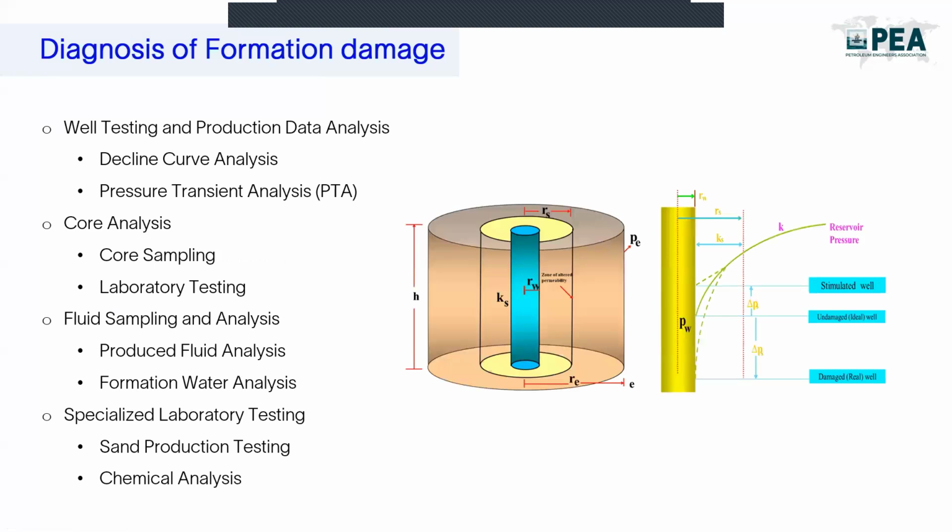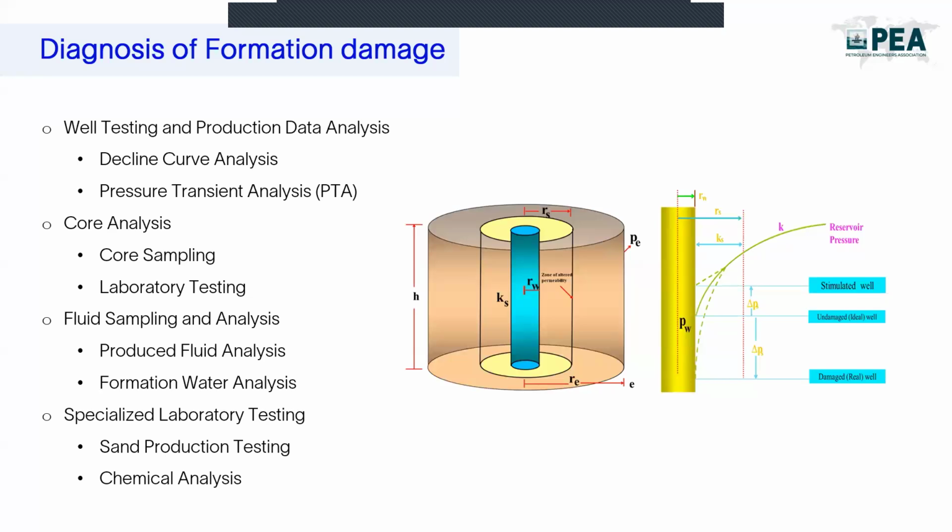The last one is that there are some specialized laboratories that perform, for example, sand production testing. These are lab tests that can simulate reservoir conditions to assess the potential for sand production, which can be both a cause and a consequence of formation damage. High sand production rates indicate the destabilization of the formation due to the damage.